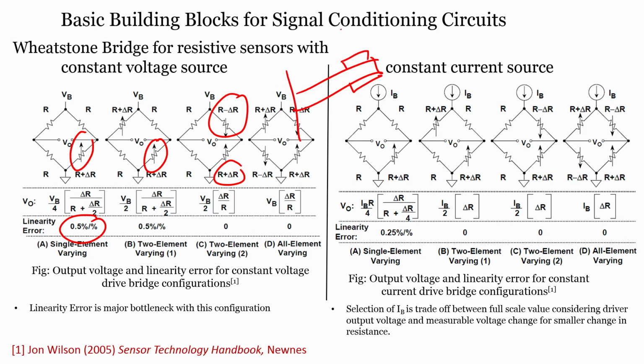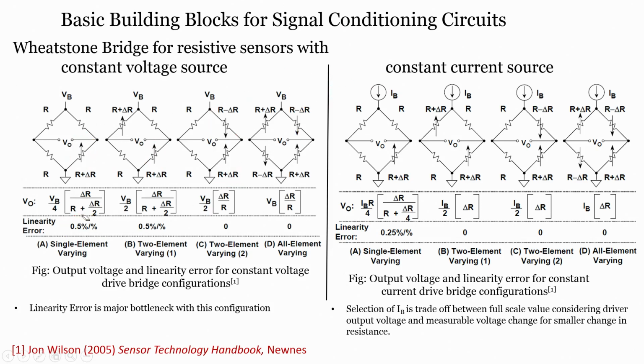When the cantilever beam bends, there will be compressive stress and tensile stress, because of which there will be a change in resistance, one increasing and one decreasing. The final one is if you have all 4 resistors in this particular format with a constant voltage source, then we have VB into delta R by R. So, these are the configurations from a single varying element to all elements varying.